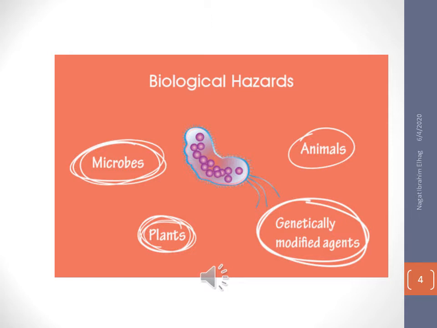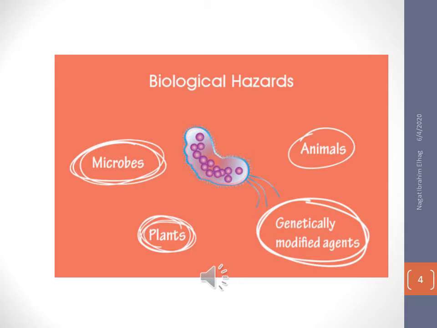So we have to protect our body by wearing a full suit of clothes such as a lab coat, and also shield and protect your eyes, your mouth, and your nose from those dangerous viruses.